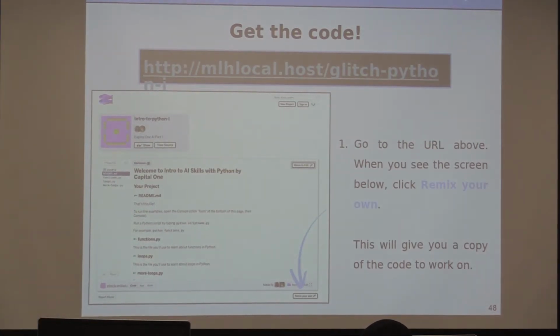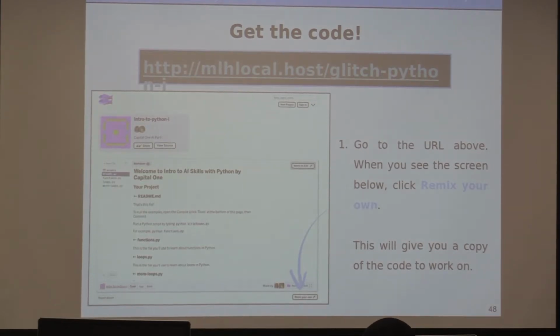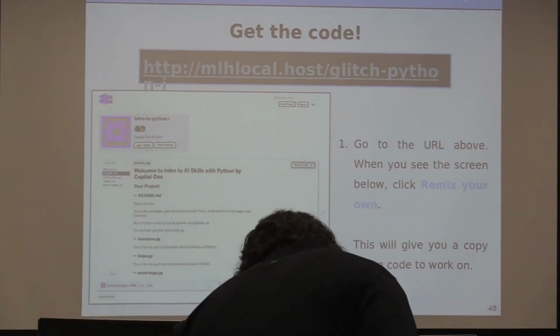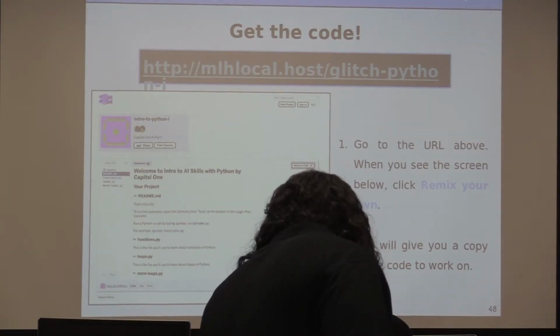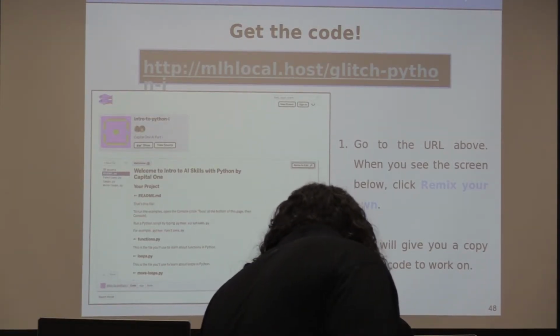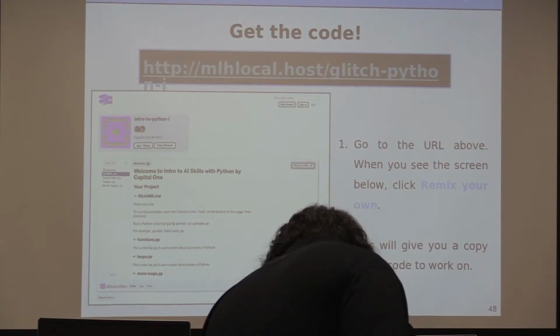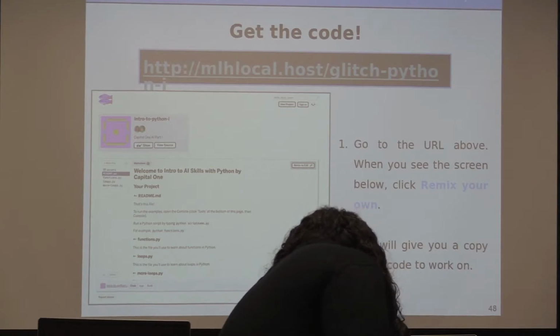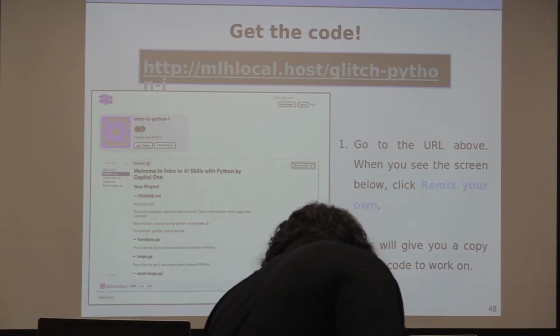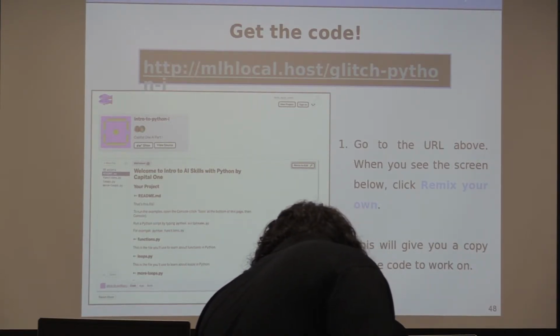I have that, except it doesn't have all the same files. It doesn't have the Twitter and stuff in there. Try going there again. Same one, right? Yeah, and then scroll down and go to remix your own.